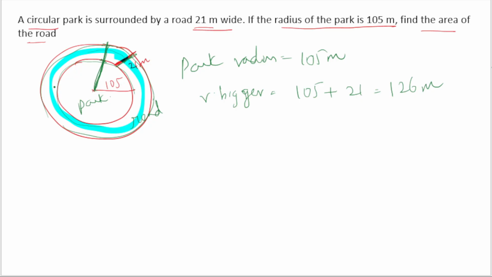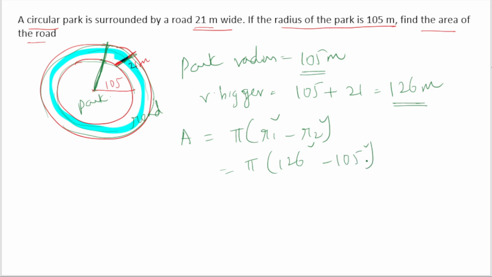And how do we find the area of the road? That is the area between the two concentric circles, which is pi into r1 square minus r2 square. Here r1 is the radius of the bigger circle, 126. It is pi into 126 square minus the radius of the smaller circle, 105 square.